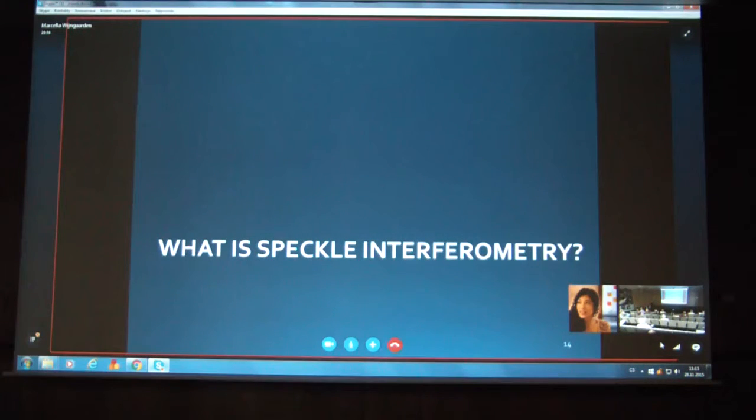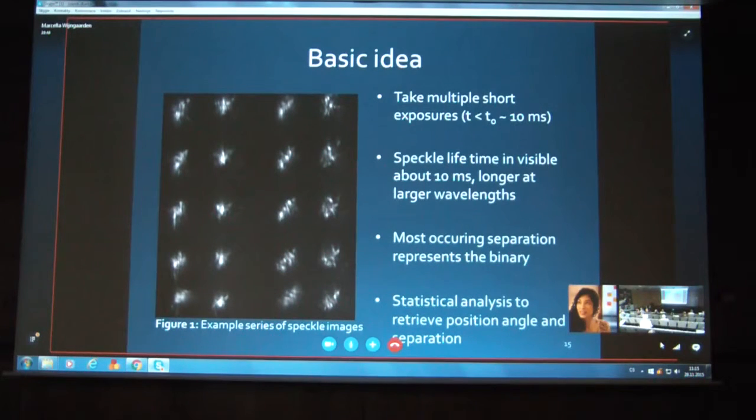So, what is Speckle Interferometry? Let's talk about how it works and how you can use these techniques. The basic idea behind Speckle Interferometry is to take multiple short exposures. Usually you would take about 400 frames with exposure times smaller than 10 milliseconds.